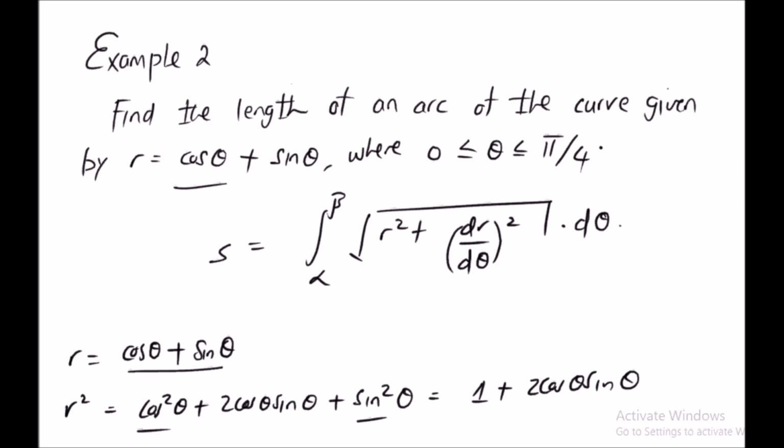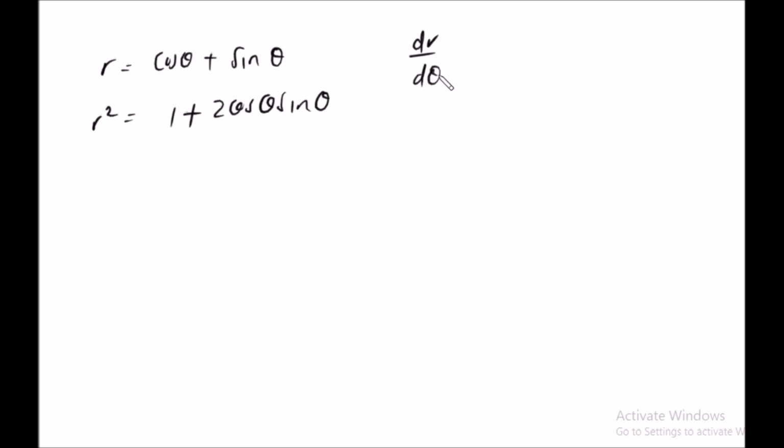So r ni huyu cos theta plus sin theta. So tumeona r squared ni 1 plus 2 cos theta sin theta. So dr/d theta now ni sasa nini? Ukidifferentiate cos with respect to theta unapata negative sin theta, alafu ukidifferentiate sin unapata cos theta.